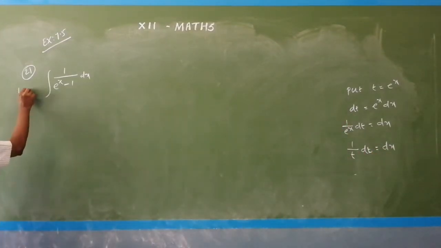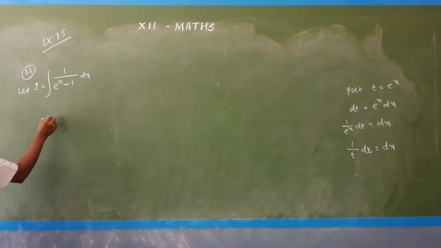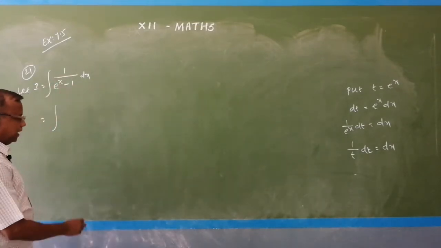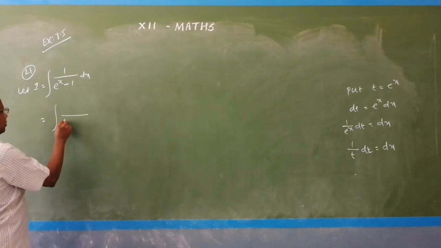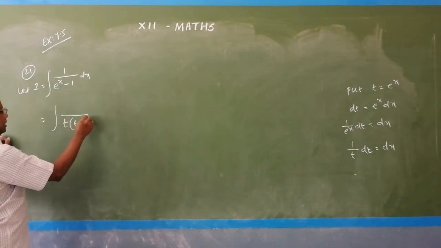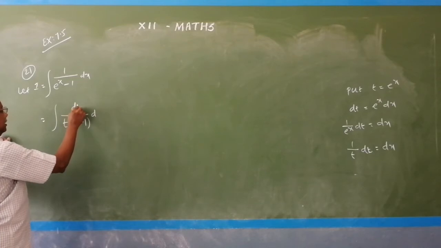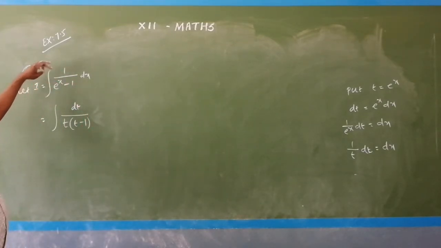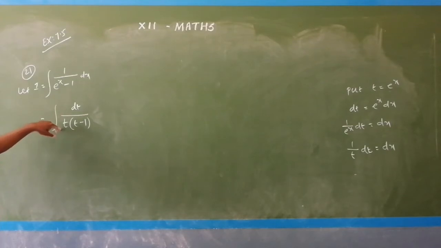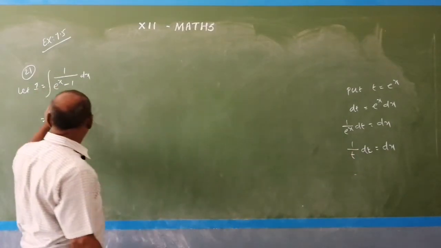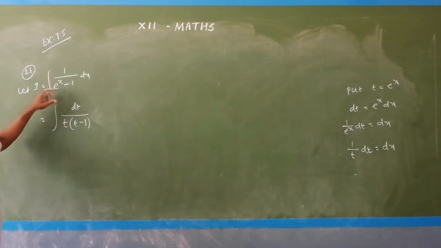So, let I equal to integral, instead of dx put 1 by t into dt, and e power x minus 1 means t minus 1. So, 1 by t into dt and e power x is t, so t minus 1.